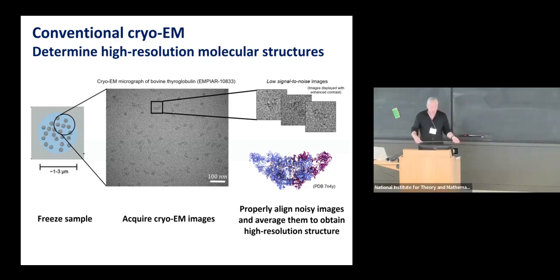I didn't have slides on this, but there are also two ways of doing things. There's cryo-electron tomography, which is what Steffi was talking about, and single particle cryo-EM, which is what's depicted here. The difference is that in tomography, one tilts the sample and acquires multiple images, and then uses that to get a 3D reconstruction of the sample.